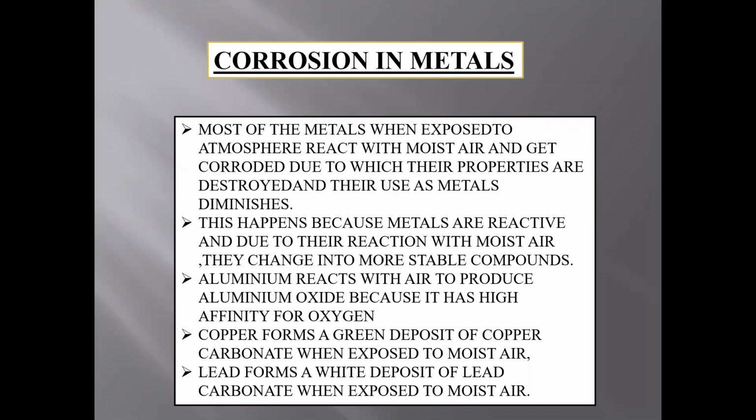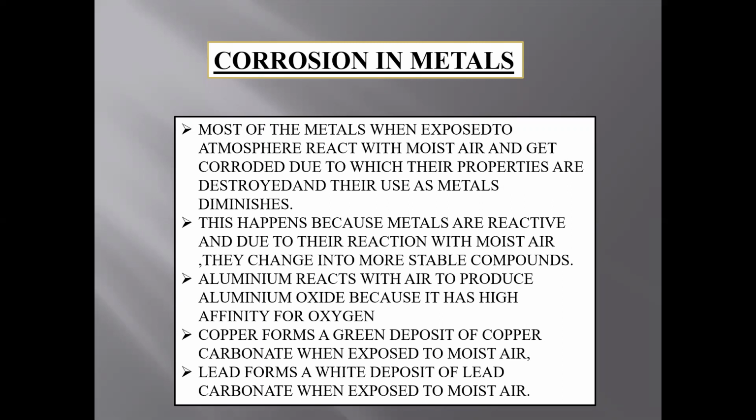So this is one of the problems which we face while using or handling substances made up of metal. That is due to its high reactivity with air. It forms some other compound, and the utility of the substance which we made from these metals will get diminished.